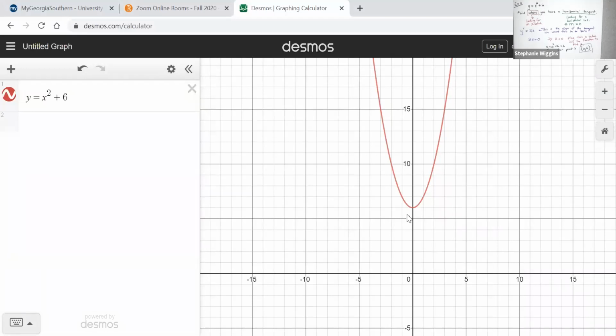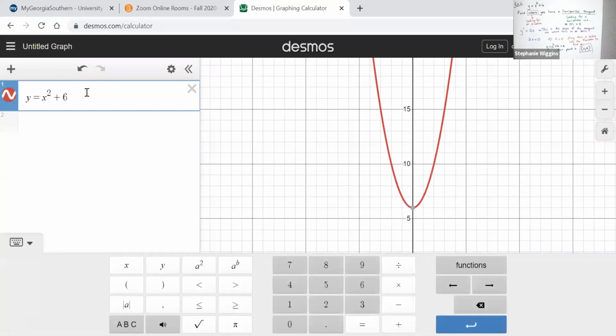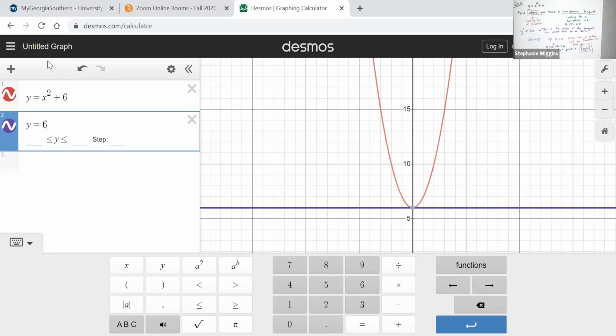And you can kind of see where the horizontal tangent is. There's x is 0 and y is 6. And the equation for our horizontal line is just simply y equals the constant, in this case 6. And so there's our horizontal tangent for that quadratic function. Okay. Any questions on this one?